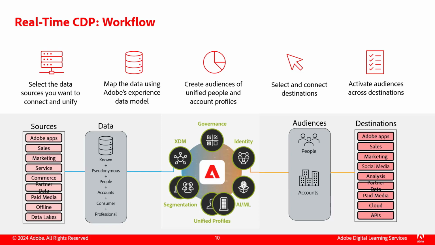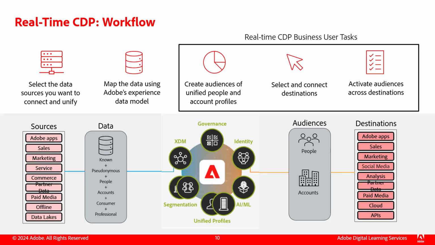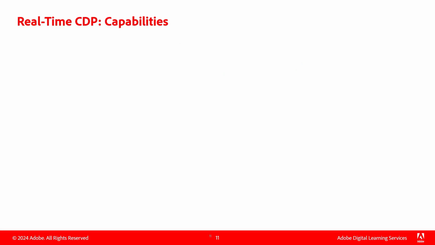And this audience could either be based on people or an event, and that audience then can be activated to any destination of your choice. And just like you have your source categories being from Adobe and non-Adobe, your destination applications can be any one of them as well. And that's what we are going to focus on in this training.